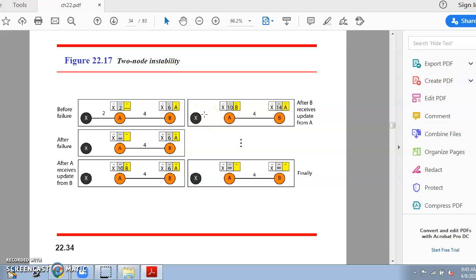In the second picture, we all know that distance vector routing exchanges its information or routing tables.